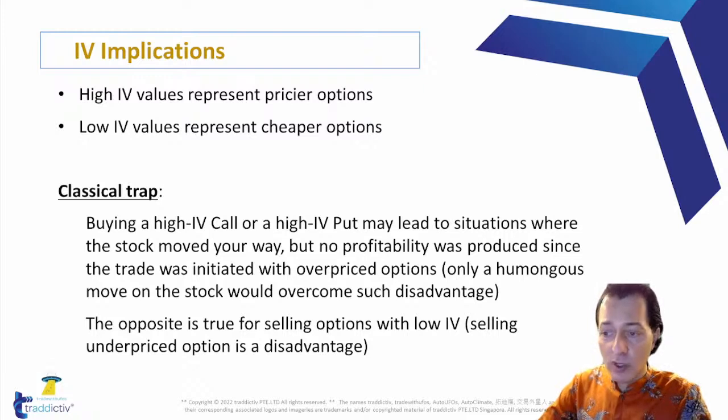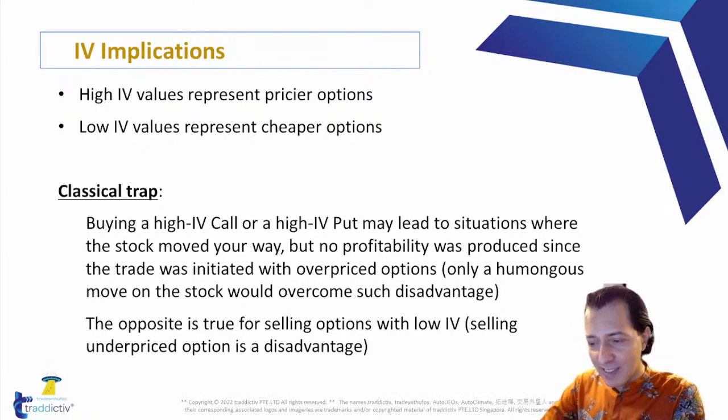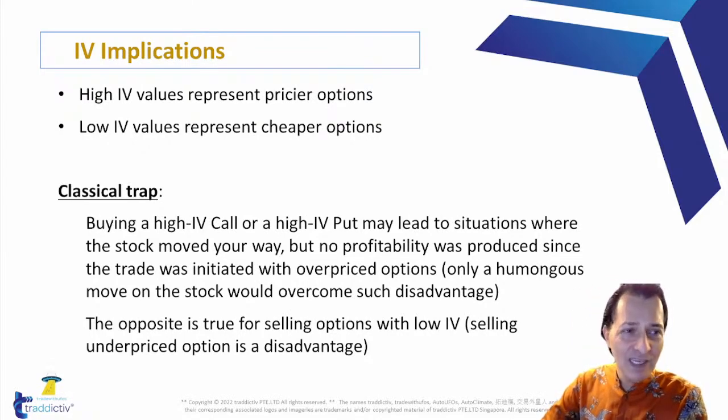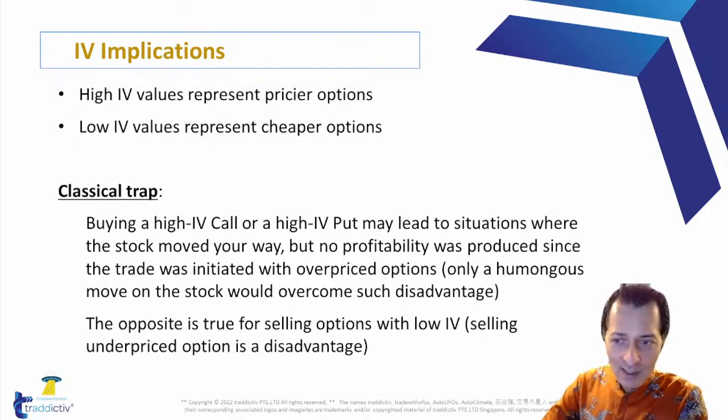It would require the stock to move quick and fast, because if the stock was to move your way but was to move slow, what would happen to the expectation for the future move, which is the IV? It would come down. And if the IV comes down, what would happen to the extrinsic value portion of your options contracts? It would shrink.